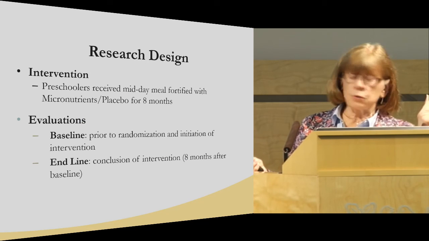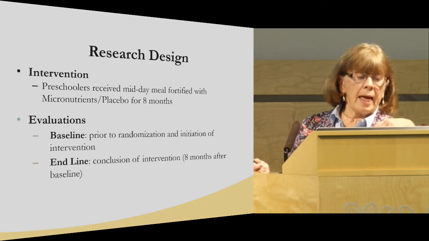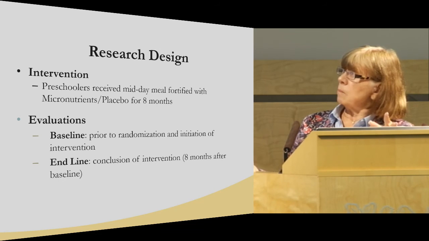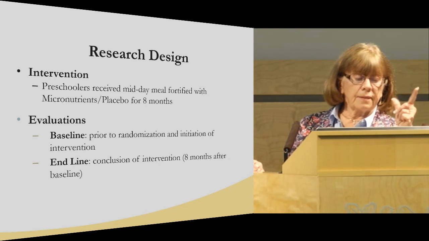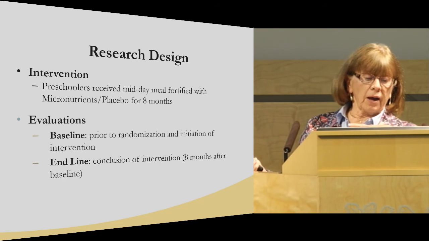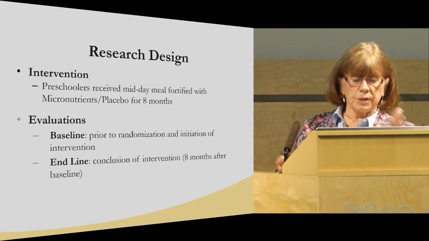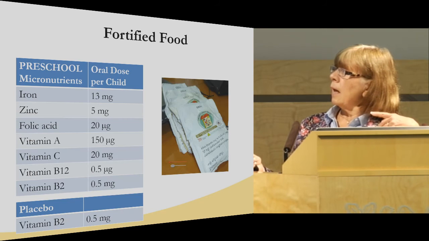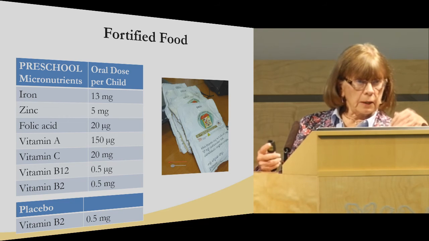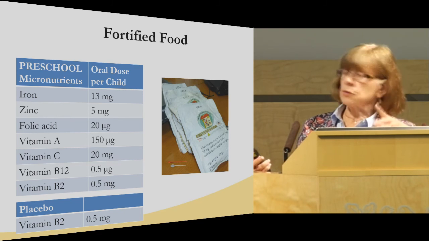It's a very straightforward design: we have a baseline and an end line. It's an 8-month study, and the preschoolers received a midday meal fortified either with micronutrients or placebo. This was the fortification, which was developed by the National Institute of Nutrition in India.